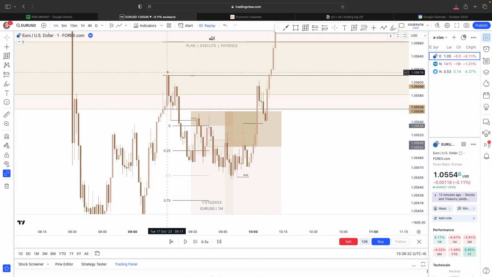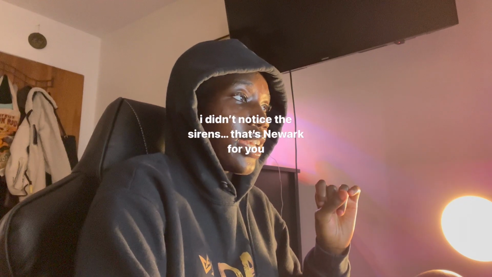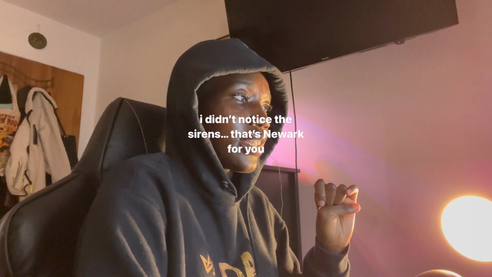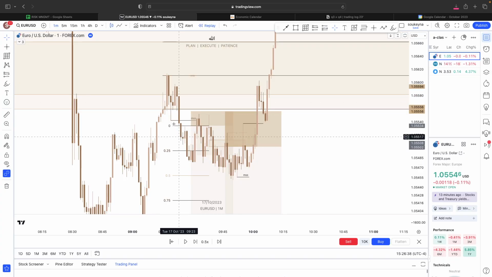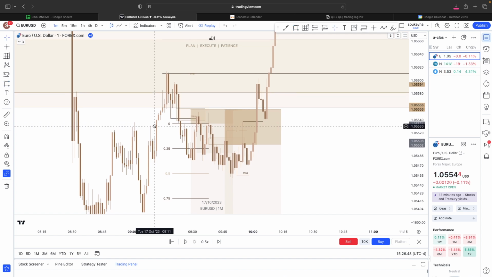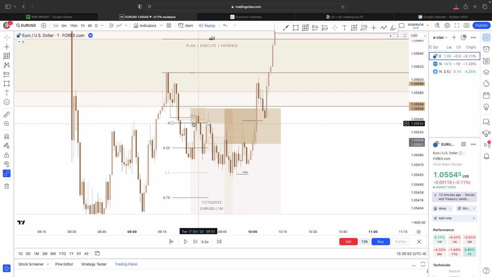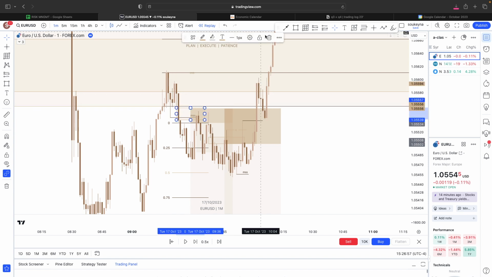We form a high inside of our imbalance, and then we displace to the downside beautifully, actually, leaving us this imbalance, and that is where I placed my first entry, right? Slightly below the imbalance, just to assure that I would get triggered in.